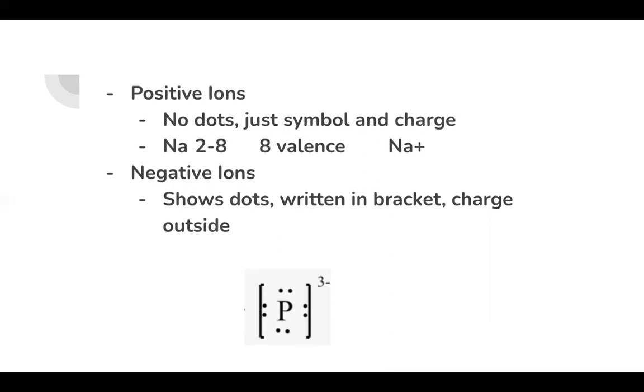Outside of the bracket, you indicate the charge of the anion, like phosphide, or phosphorus, a phosphide ion. It also has a stable configuration like a noble gas, 2,8,8. It's like argon. That's the noble gas it resembles. It has its 8 valence electrons, but in order to get there, it had to gain 3 electrons. So its charge is now 3 negative.